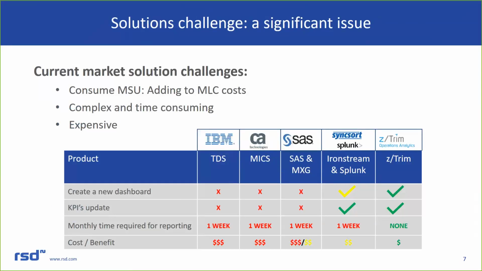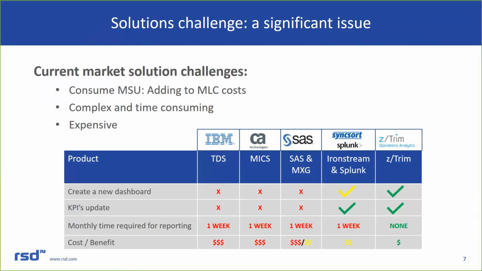So we're talking about consumption here, and really what this is about is what it costs the business, because there's a direct relationship between MSU and cost to the business. Most solutions for operations analytics directly contribute to additional MSU consumption. So not only do you have the cost of the software and the cost of the personnel, but you also have the added cost directly impacting MLC costs, perhaps for even other products, depending on how the agreements are written.